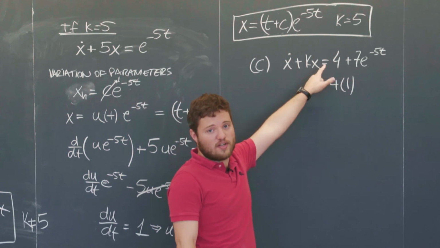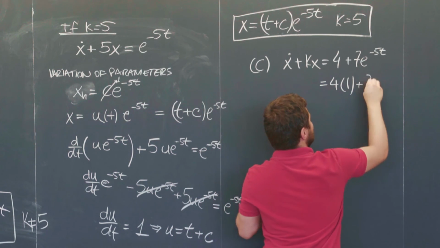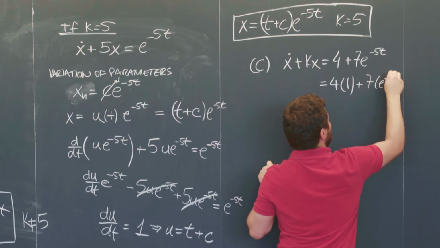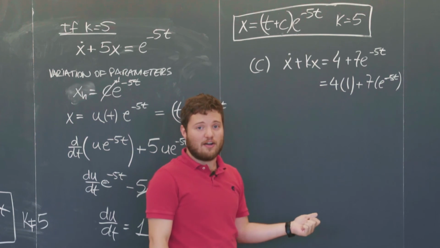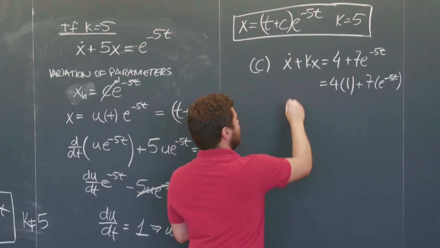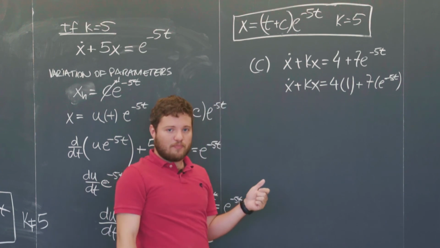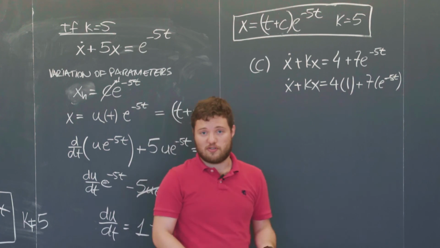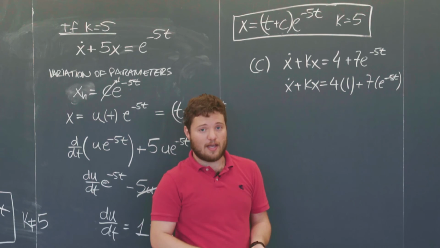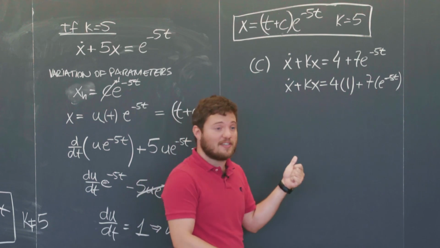So the 4 is the same thing as 4 times 1, and the second term is 7 times e to the minus 5t. And these were the right-hand sides in parts A and B. So we're solving this problem. Because this equation is linear, we can superpose the solutions that we found in parts A and B and get the particular solution for part C.